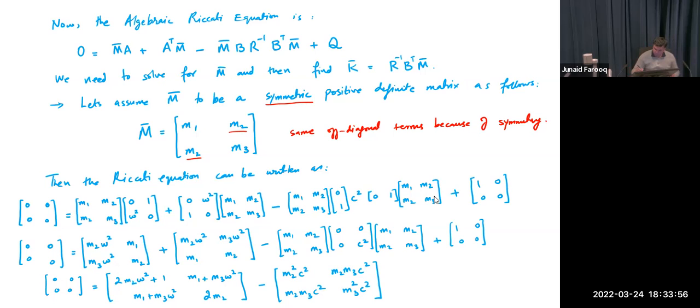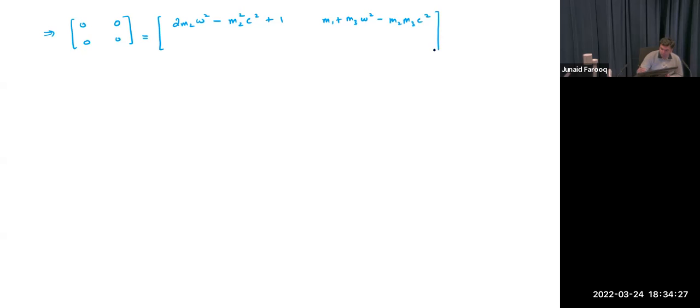All right, let's further simplify this. So what we get is a zero matrix equals 2m2 omega squared minus m2 squared c squared plus 1, we get m1 plus m3 omega squared minus m2 m3 c squared, 2m2 minus m3 squared c squared.